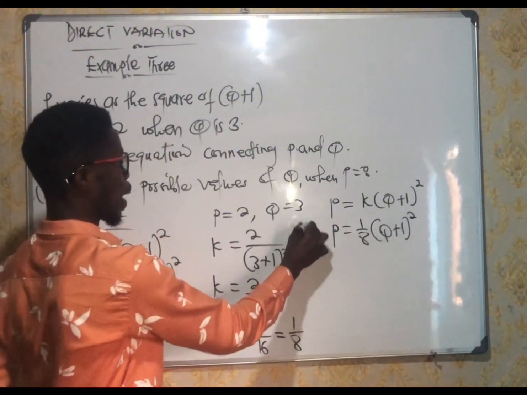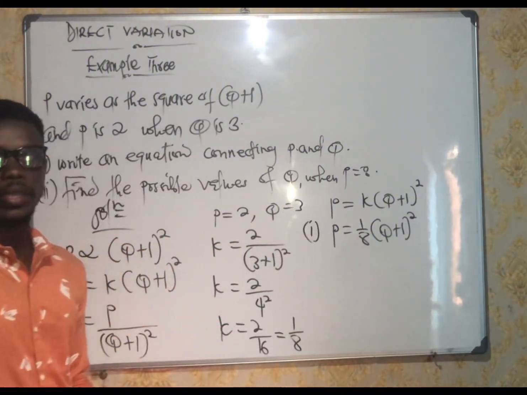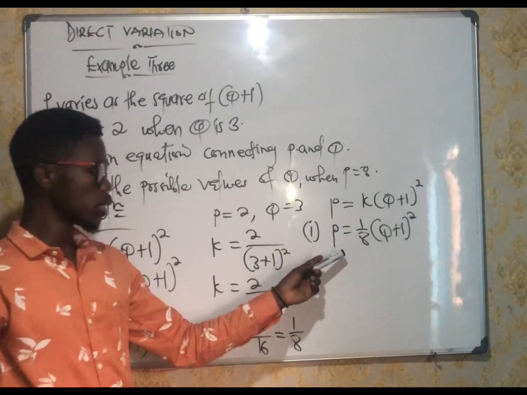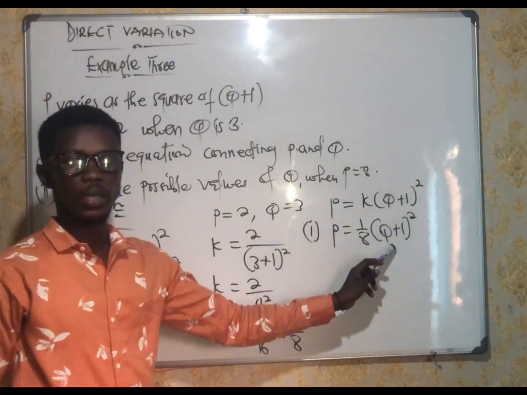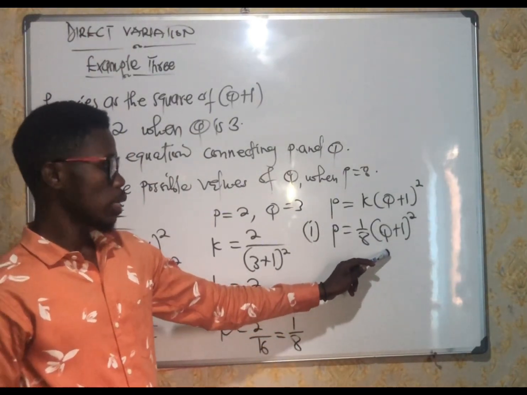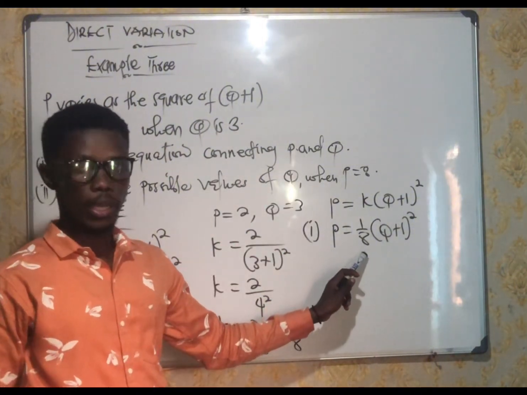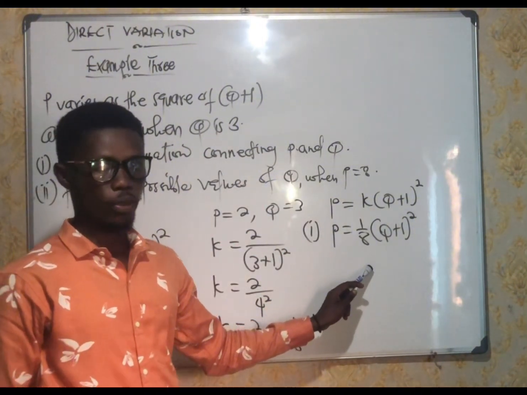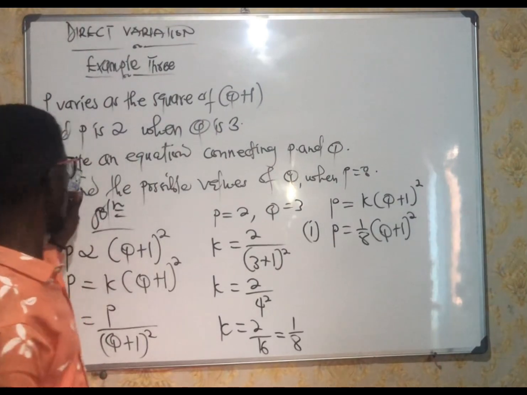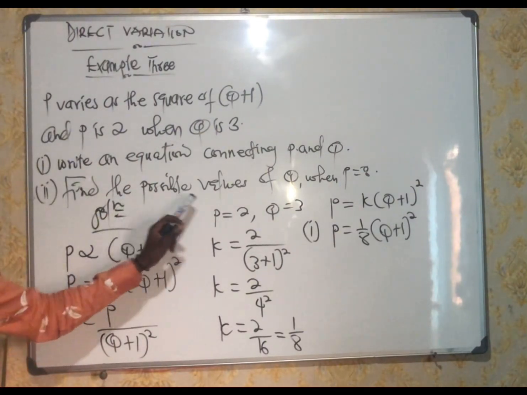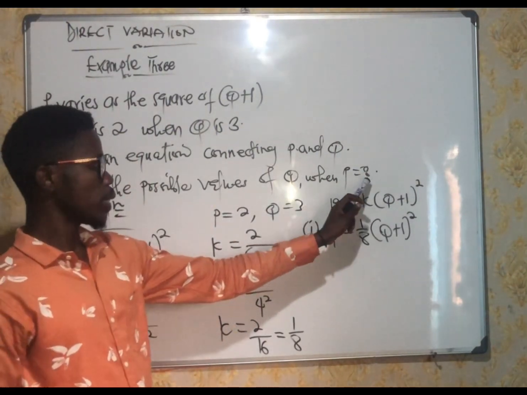And this is for the first part. The first part said we should find the equation that is connecting p and q. And that's what we have. The question did not ask for k, so you need to work out k to get a value for that. Good.